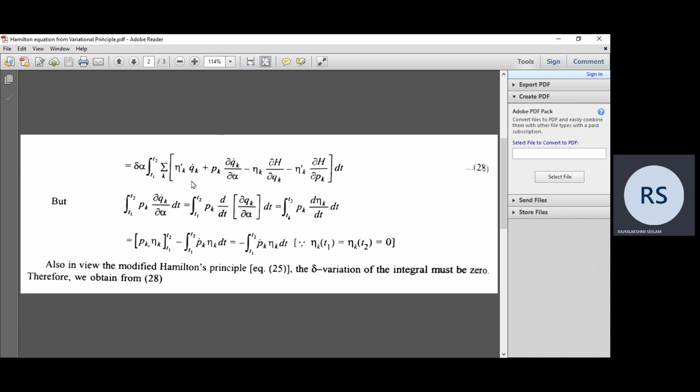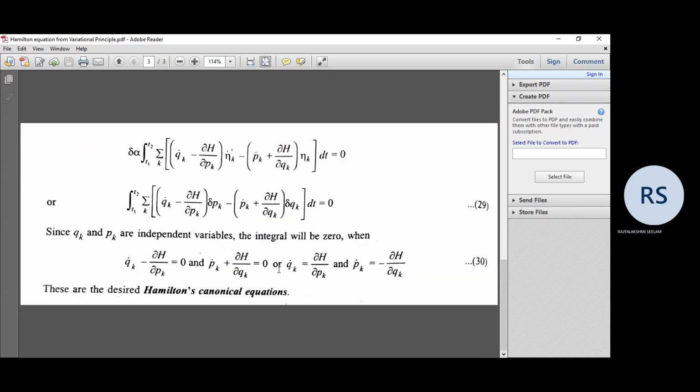In each and every term, we will obtain ηk in two terms and η'k in two terms. So we have to take common η'k and ηk. Here we have replaced the term and taken common η'k and ηk.